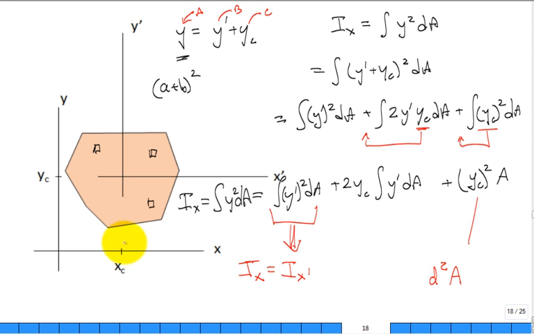Well, isn't this distance equal to y sub c? Yeah, the perpendicular or separation distance between those two parallel axes. What does this term have to equal? Okay, why is it equal to 0? Is it because 2 is 0? No. Y sub c is 0? No. This integral must be equal to 0. Why is the integral of y prime dA equal to 0?